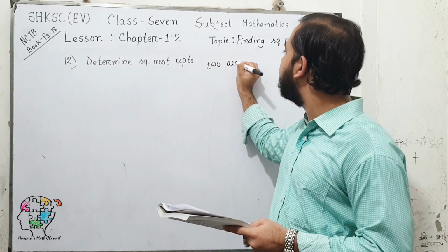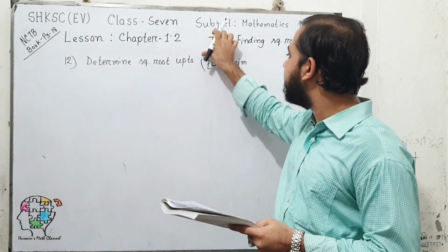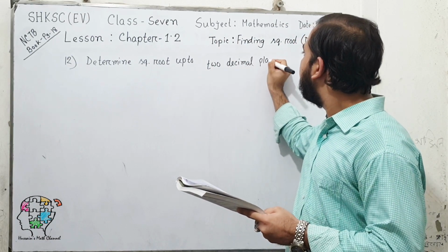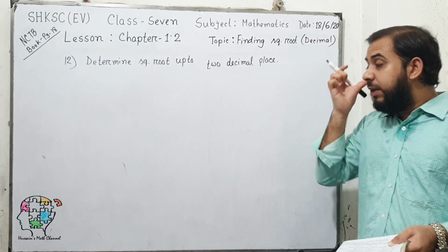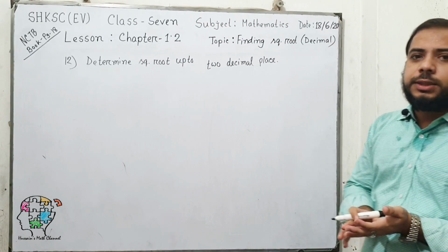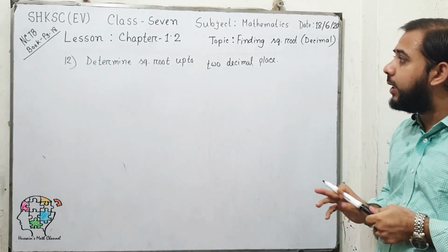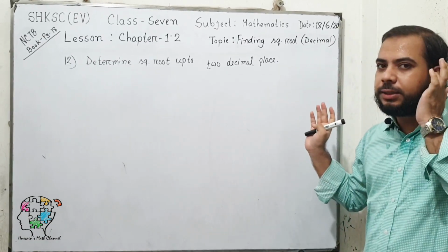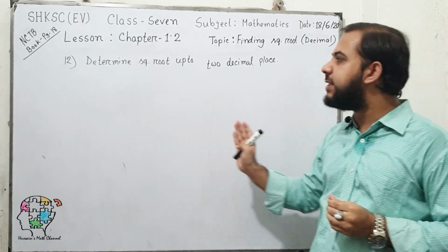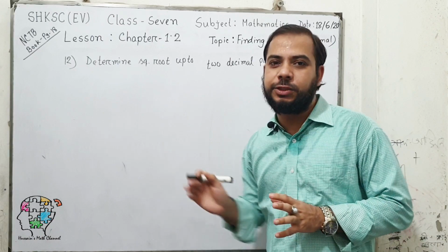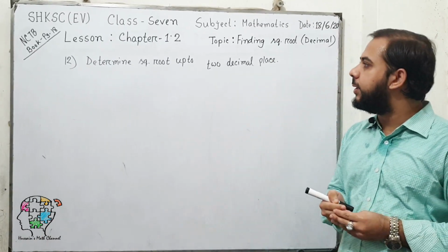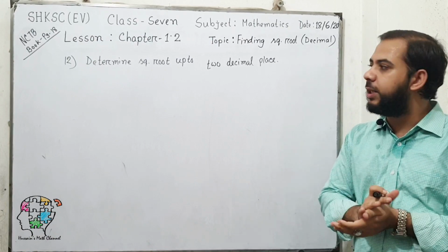Up to 2 decimal places, there is a reason for saying that. If a number is not a perfect square, then the square root may have unlimited digits after the decimal. There is no definite number of digits after the decimal. There will be unlimited digits. So in the question, it will be asked to find just 2 decimal places or 3 decimal places.